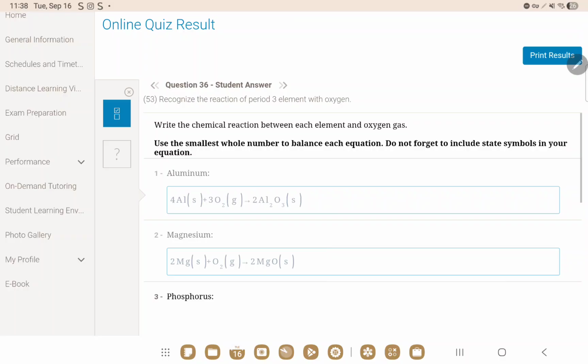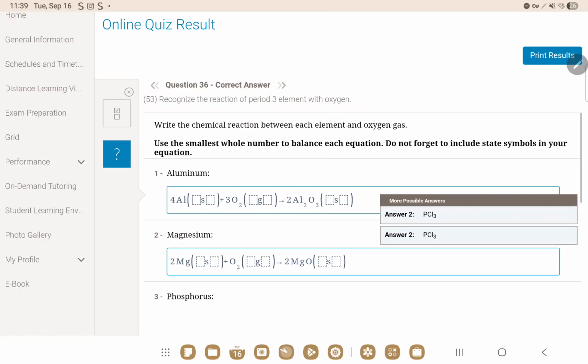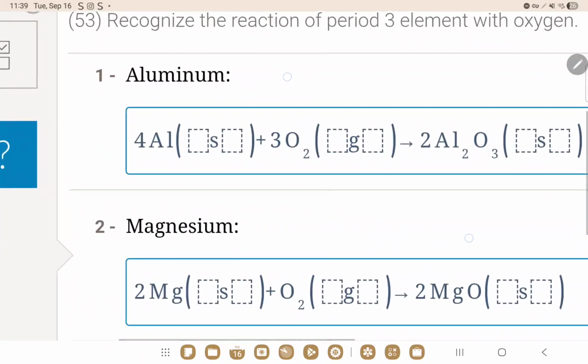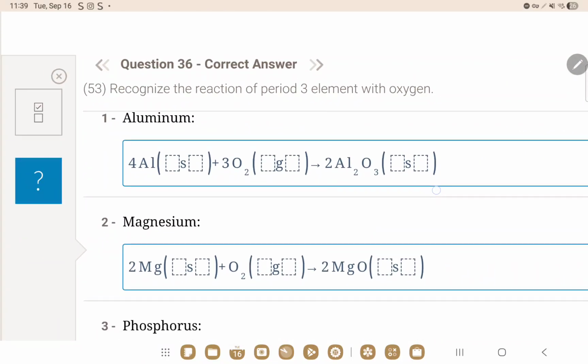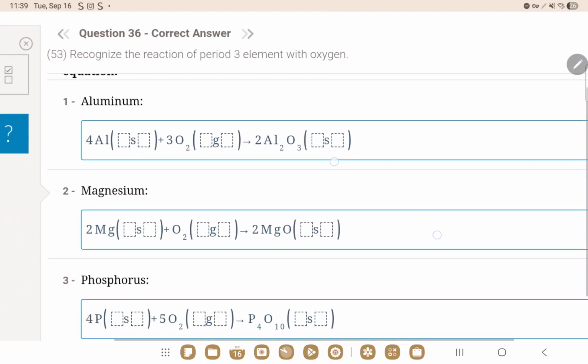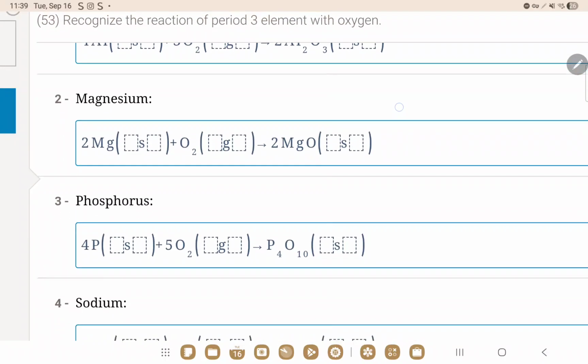Okay, so this question, it's a pain to do because the mark scheme wants it in this form. So our answers are correct. So aluminium reacts with oxygen to give 2Al2O3. This question is the exact same as the questions before it. It's just that they want you to do it and balance.